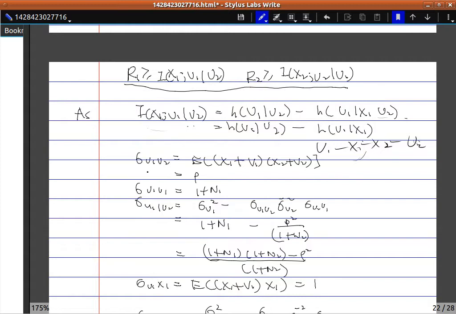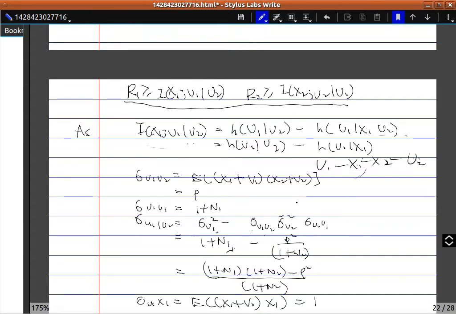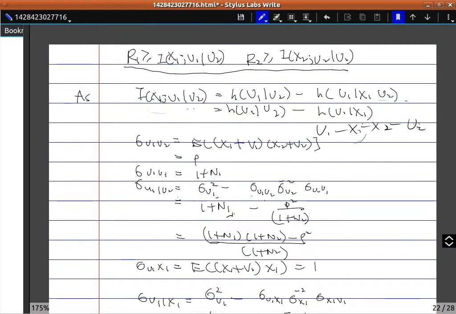So we just compute sigma u1 u2 and sigma u1 u1, and we get that sigma u1 given u2 is equal to sigma u1 squared, which is 1 plus m1, minus sigma u1 u2 squared over sigma u2 squared. Sigma u1 u2 is equal to this. Sigma u2 squared is computed somewhere else, but it's equal to 1 plus m2.